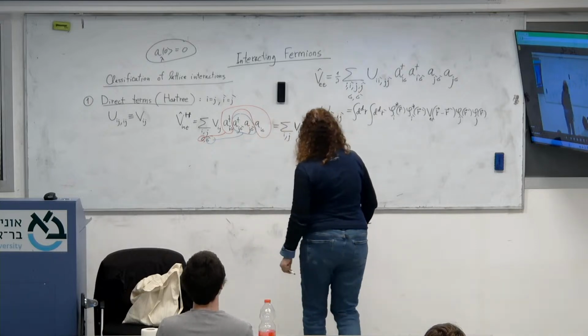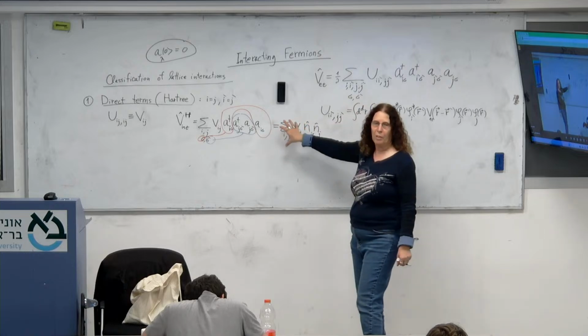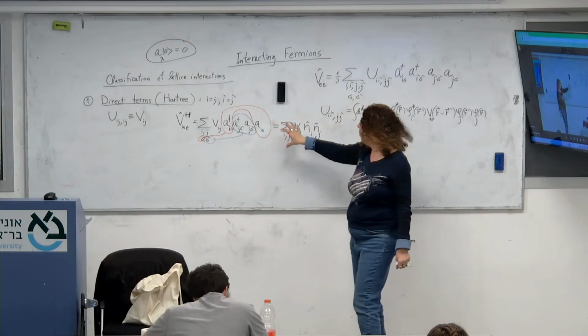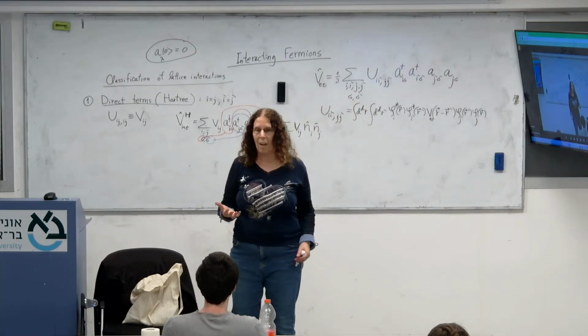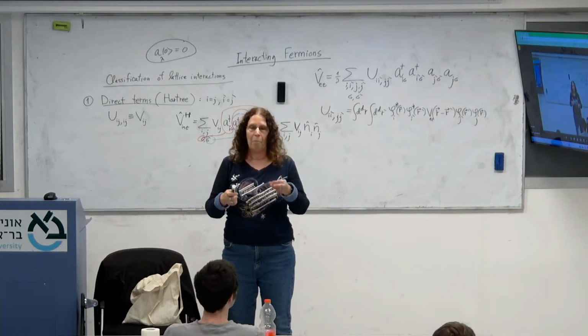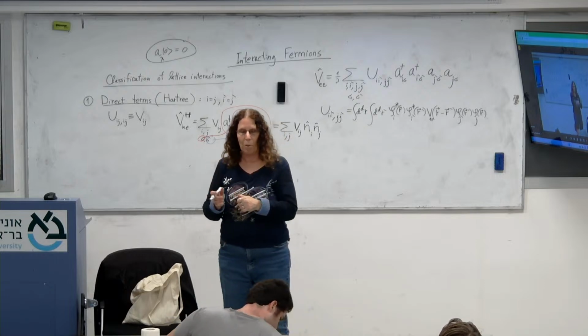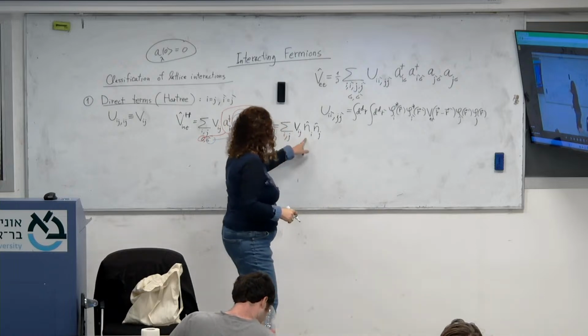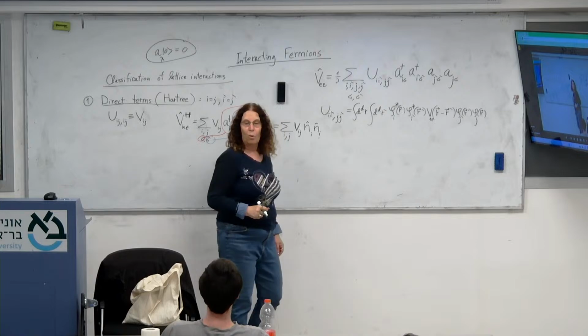If I calculate its expectation value, it has a simple classical analog, because it's just the occupation of site i times the occupation of site j times the coefficient.